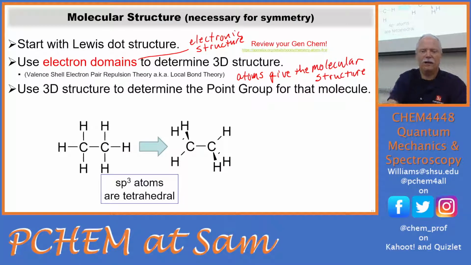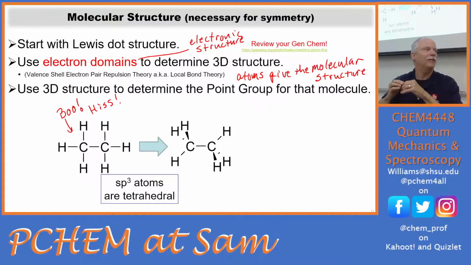Over here on the left, this is a Lewis dot structure, but we don't stop there. This is boo, hiss, because it's not 3D. It can't be realistic. This is a freshman Lewis dot structure, and it's correct as far as a Lewis dot structure goes, but it's not a VSEPR shape.